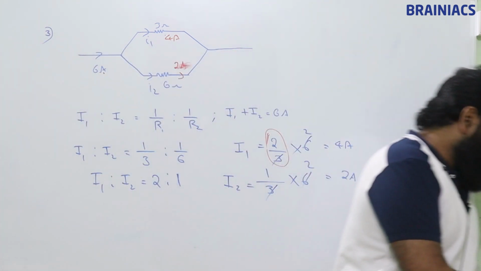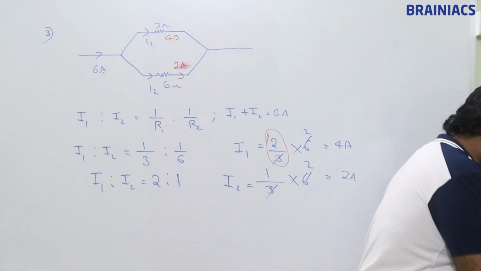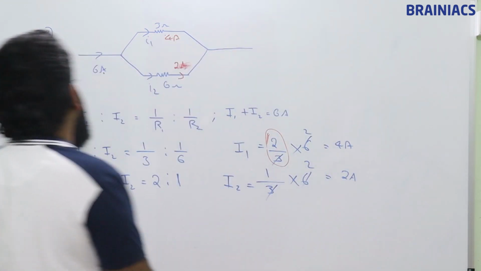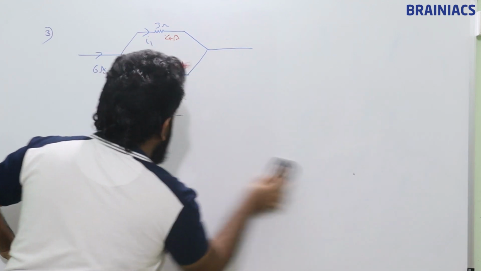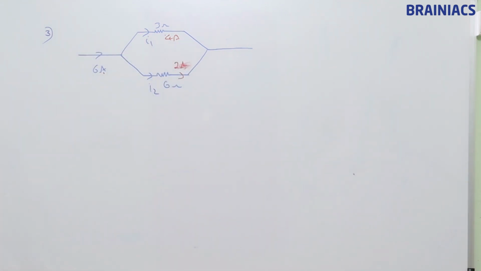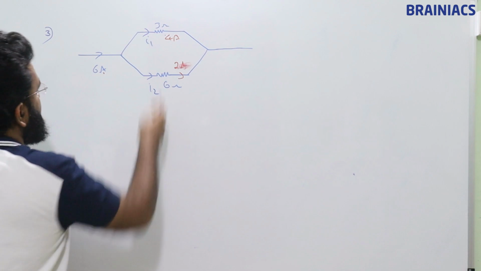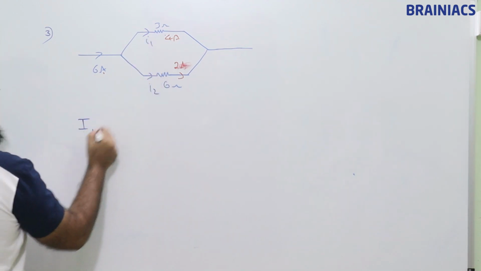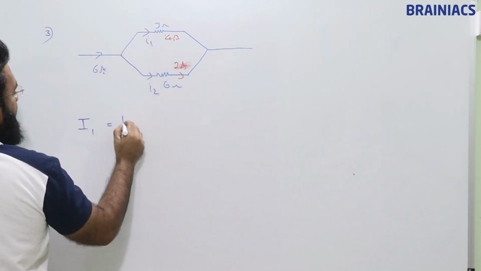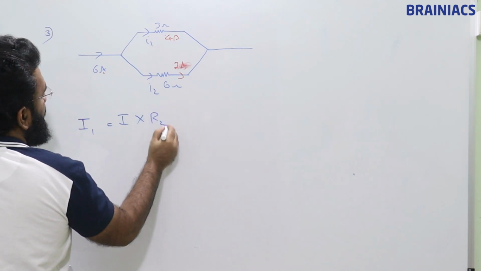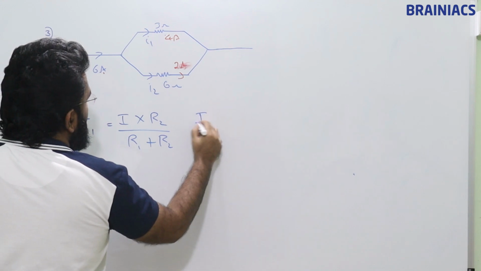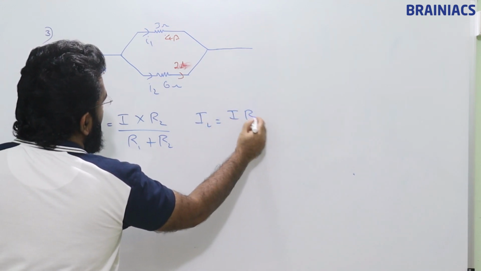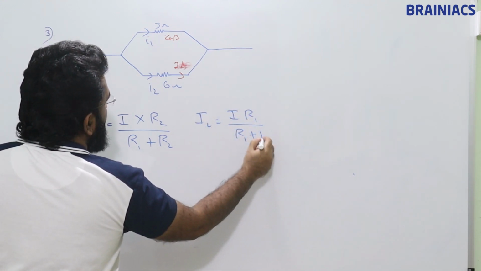Then how to find easily? Through the current division rule. Using the current division rule, again we can find. If there are two resistances, it is easy. So I1 is equal to I into R2 divided by R1 plus R2, right? And I2 is equal to I into R1 divided by R1 plus R2.